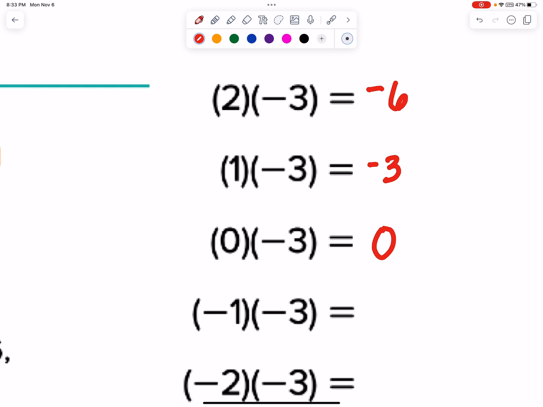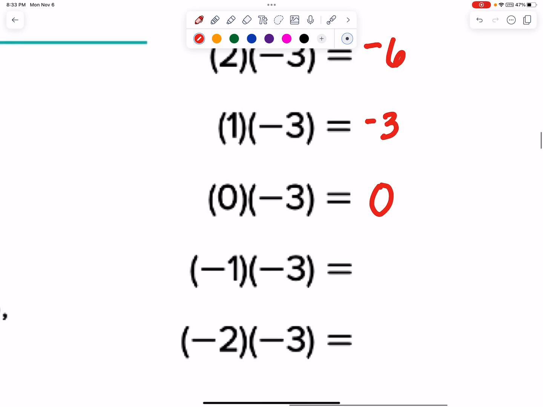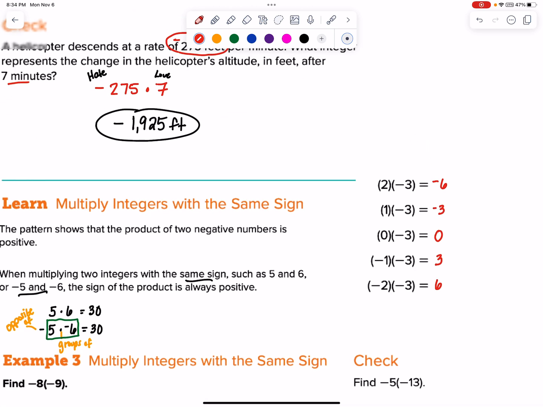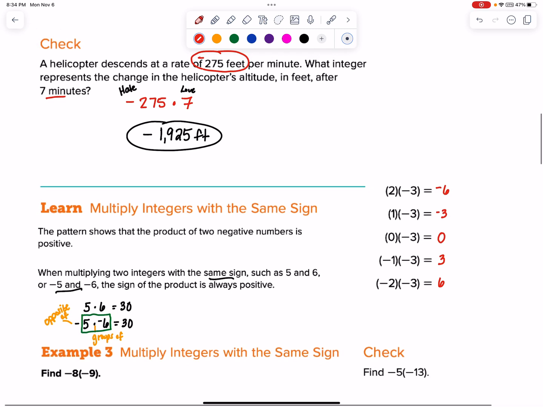So look at the pattern. We have negative 6, negative 3, 0. So think about pattern-wise what this next one would have to be. Now we have negative 1 groups of negative 3, or opposite of 1 times negative 3. Here's our 3. Negative 2 times negative 3 is 6. So you can see the pattern there. A lot of times we figure out mathematics by looking at patterns as well.